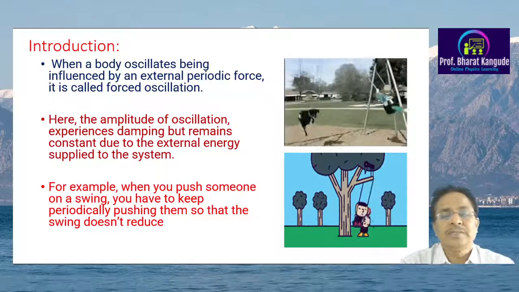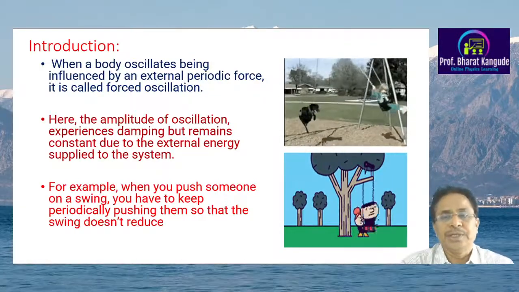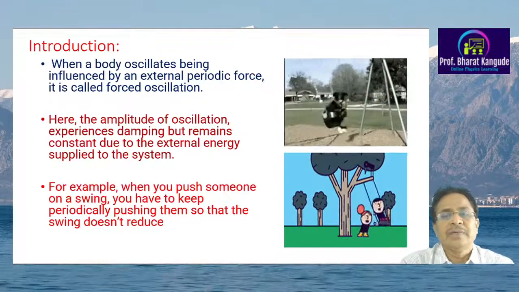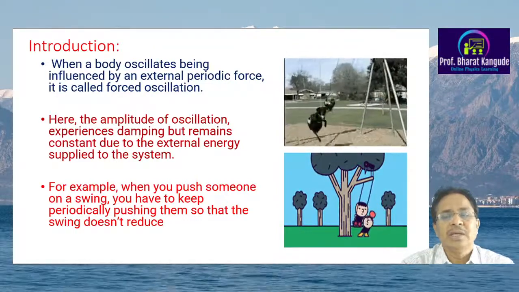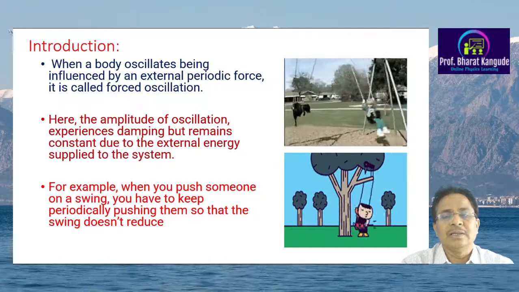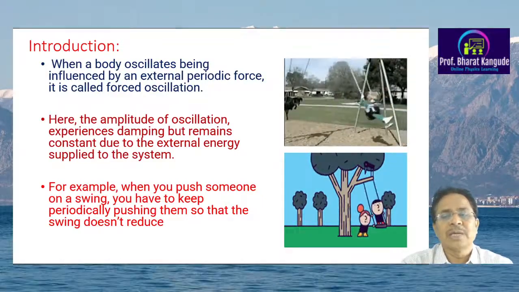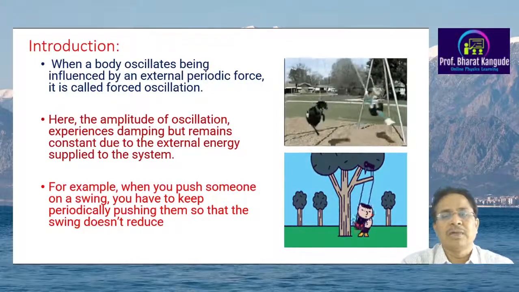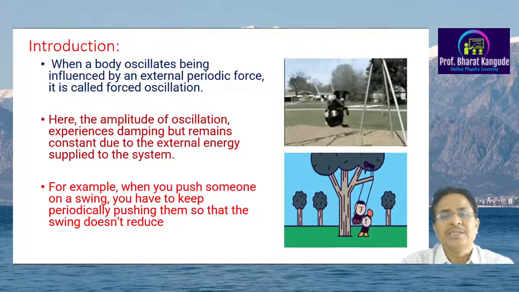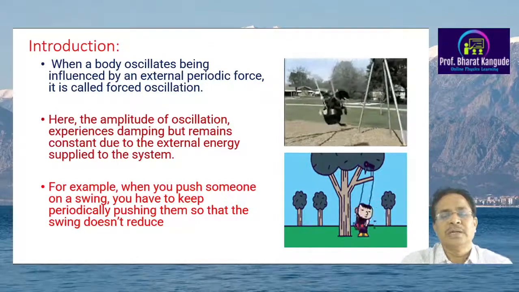There are some funny examples I have put in this slide. This is a swing. In one swing there is a child, and in another swing there is a dog, happily sitting and enjoying the swing.